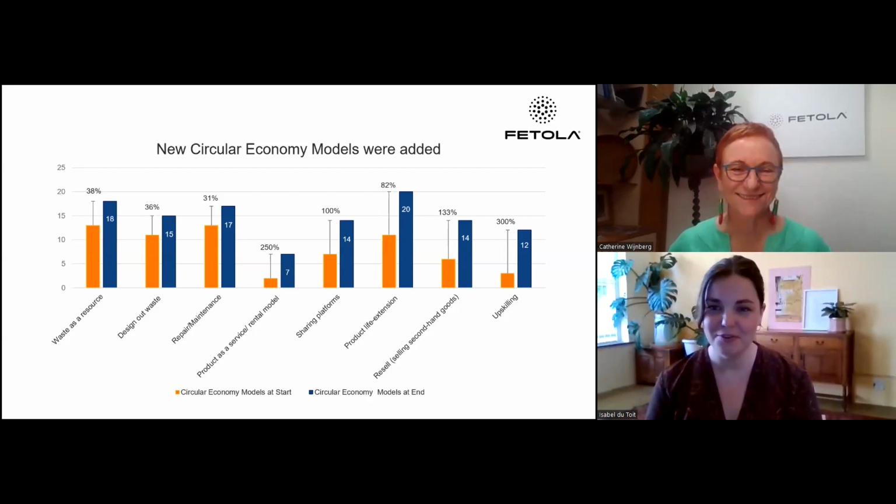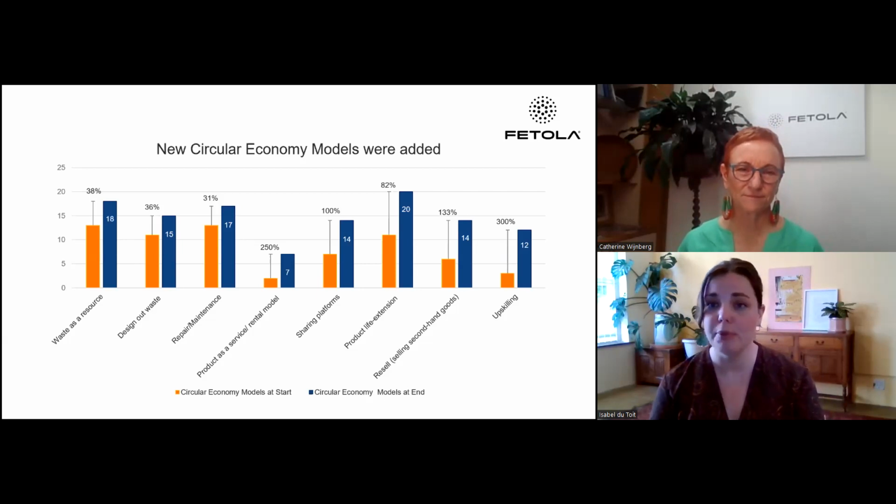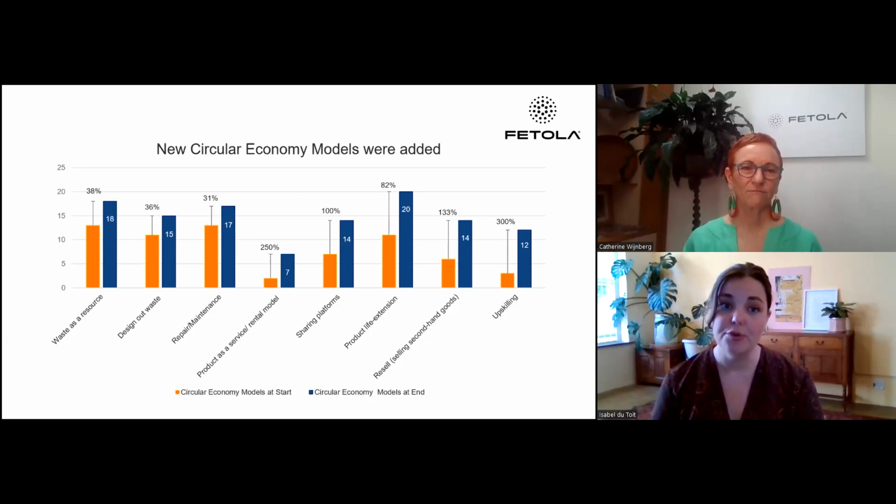It looks a little overwhelming, so I will be as simple as possible, guys. The orange block is essentially the circular economy models in use at the start, and the blue bar is the circular economy models used at the end of the program. The percentages are the percentage uptake in each of these various model types.